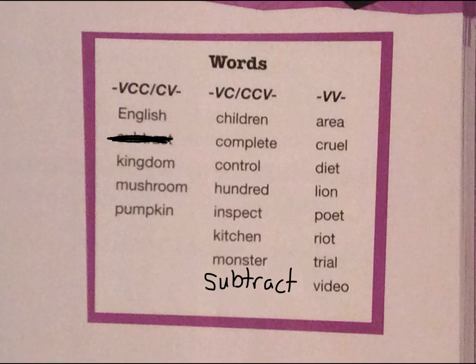So make sure you have all of your words in the right spots. If you need to change where some of your words were, go ahead and change them. And then try doing your sort one more time and getting them all in the right order. And pause the video while you are doing the sort.